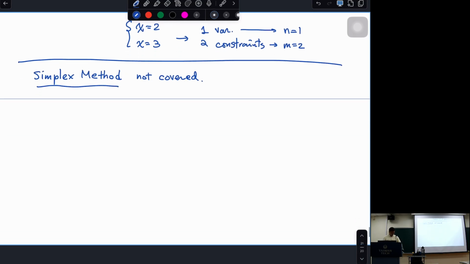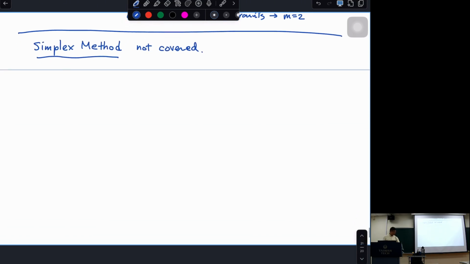And the method I'm going to introduce here, I don't know the name. Basically it's the method that divides the variables into two kinds: so-called basic variables and non-basic variables. I don't know the exact name. If you Google for it, maybe GPT or Wikipedia has the name.